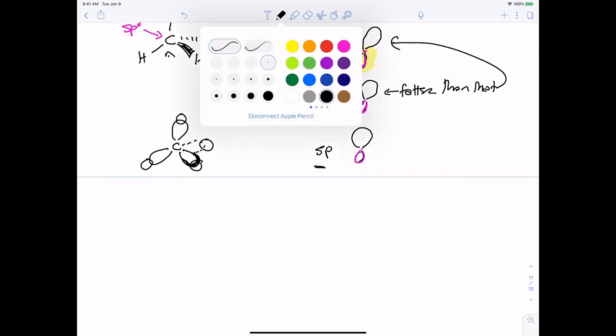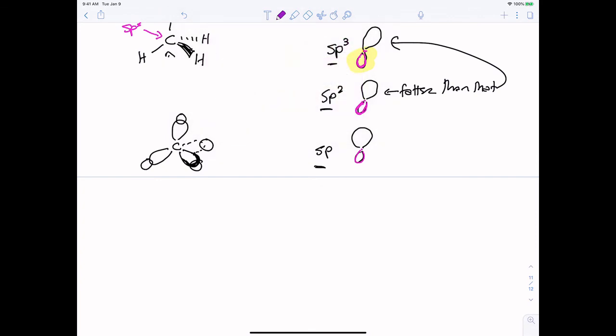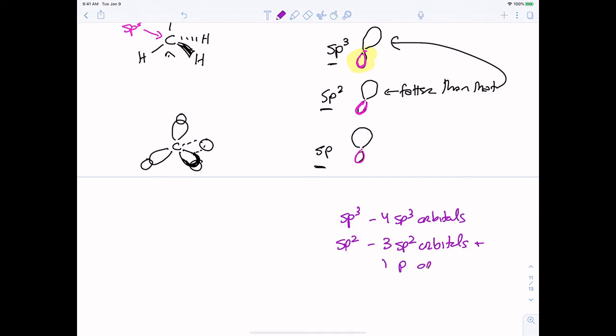So let's actually, I said this at the end of the last video, but let's do this again because we're going to need it. So if it's sp3, remember that's 4 electron groups. We did that in this video, but there's going to be 4 sp3 orbitals. If it's sp2, that's 3 electron groups. There's going to be 3 sp2 orbitals and 1 p orbital, right?